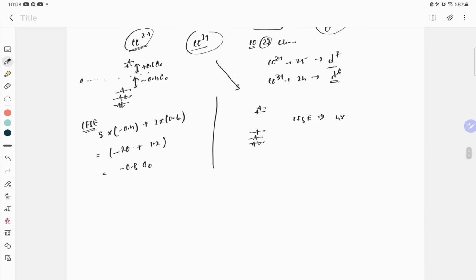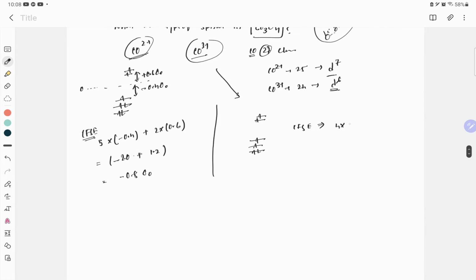Here it is 0.4 plus 2 into 0.6, so minus 1.6 plus 1.2, minus 0.4 delta 0.